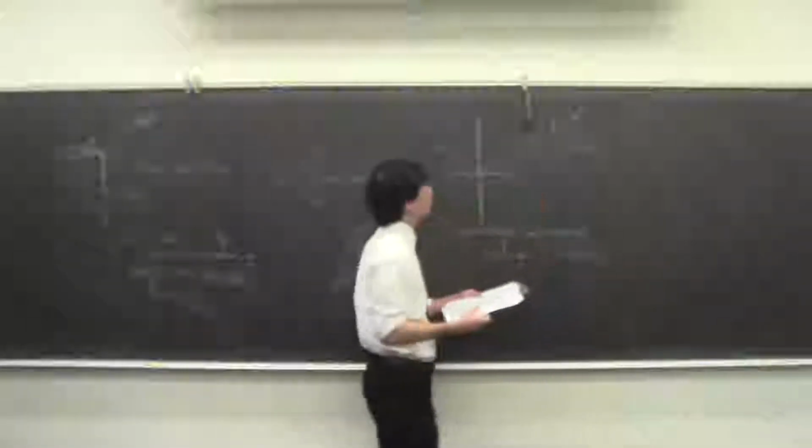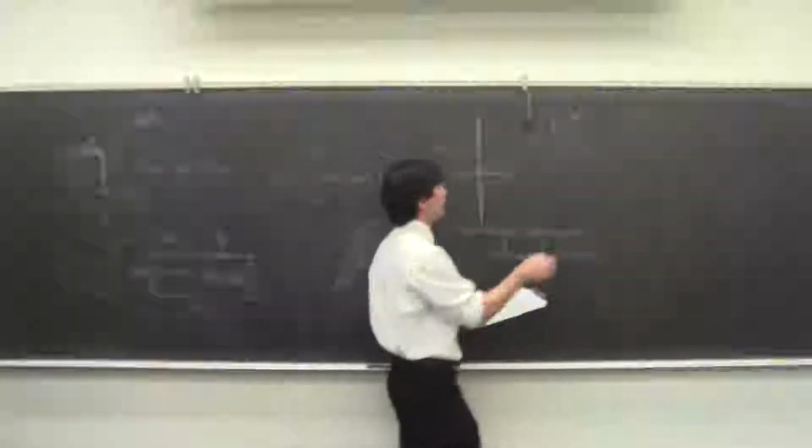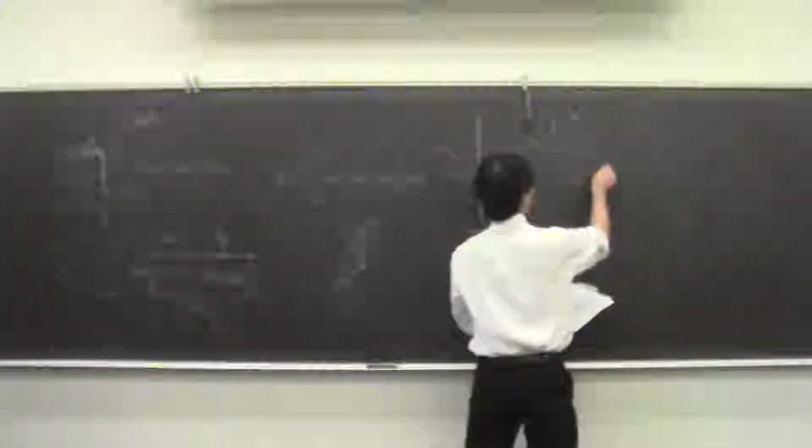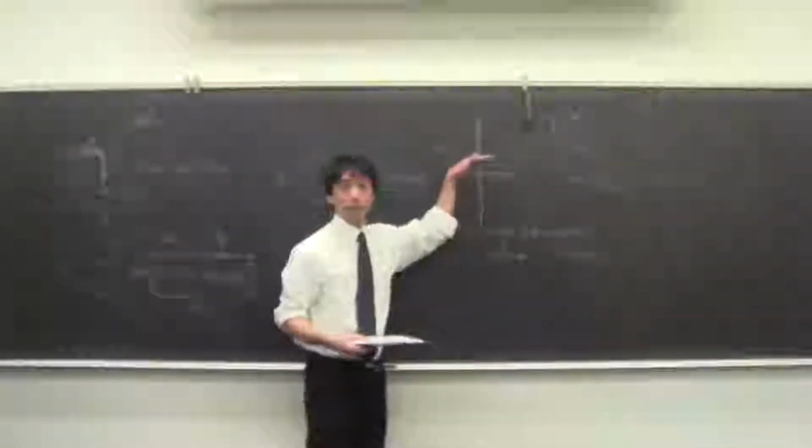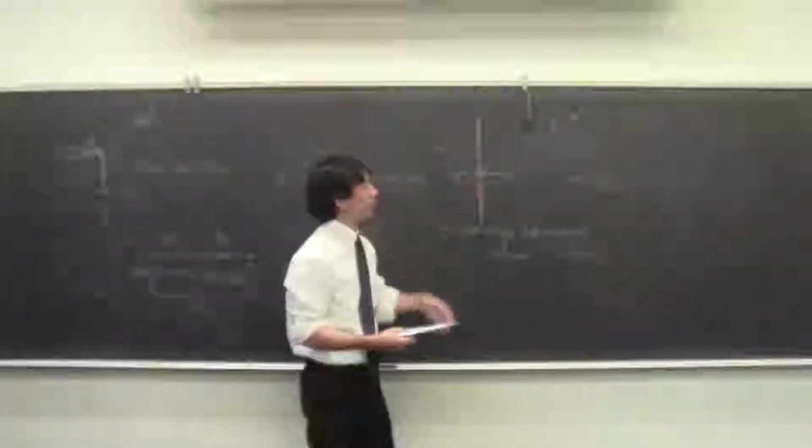What's the area? Well, it's going to be pi of the bigger radius squared minus pi of the little radius squared, and the radius changes with y.